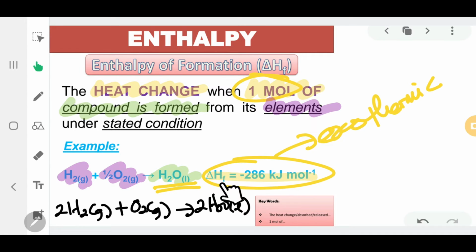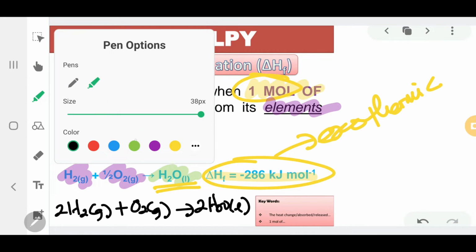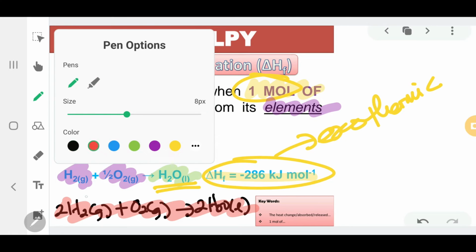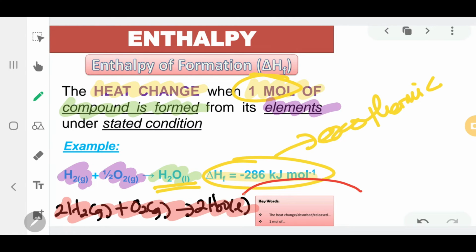With the delta HF, of course. So is this still going to be enthalpy of formation? The answer is no. The one that I'm highlighting in red over here is no longer delta HF.